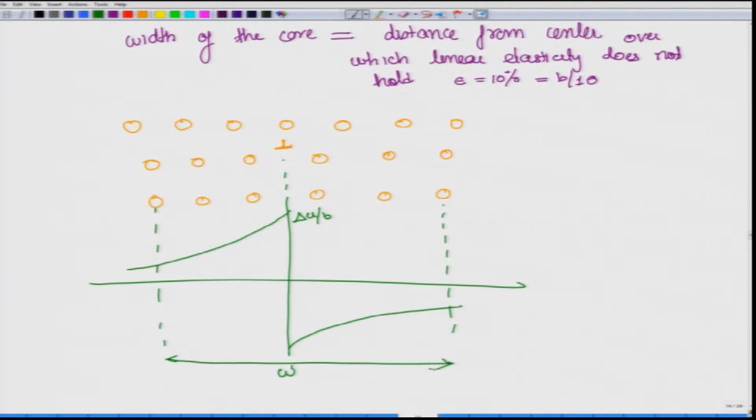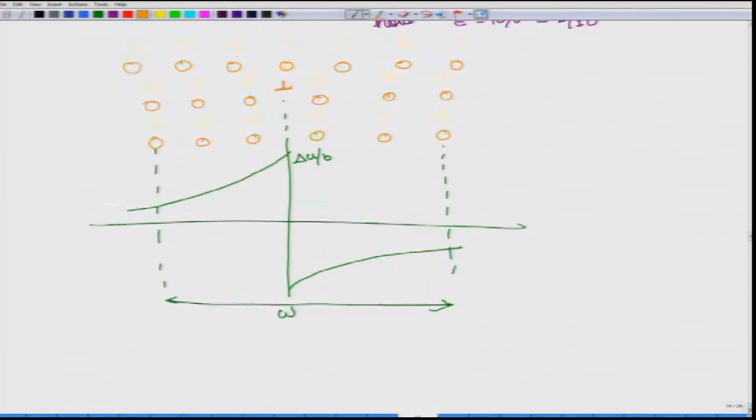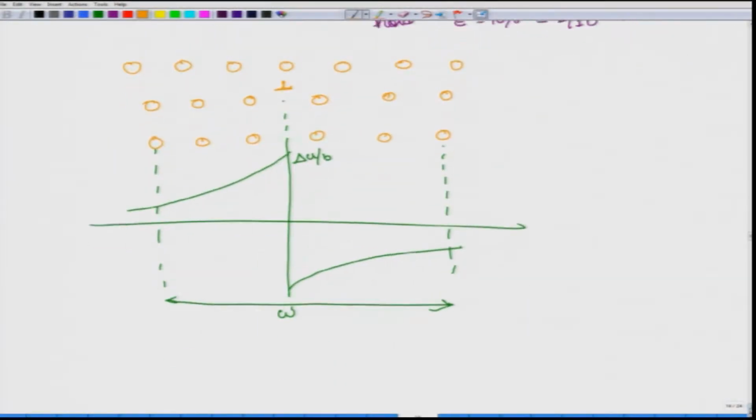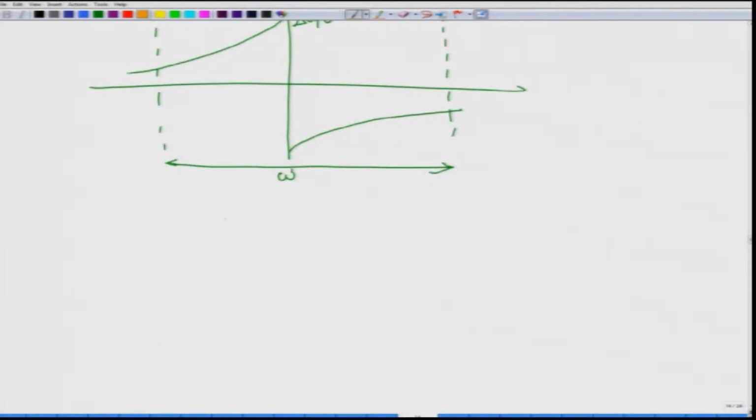On the other hand, I would like to draw it over here, so that the comparison is easier to make. So, here also we will draw the same dislocation, but what you will see is that the strain is limited in a much smaller diameter. So, again where do we have the dislocation?